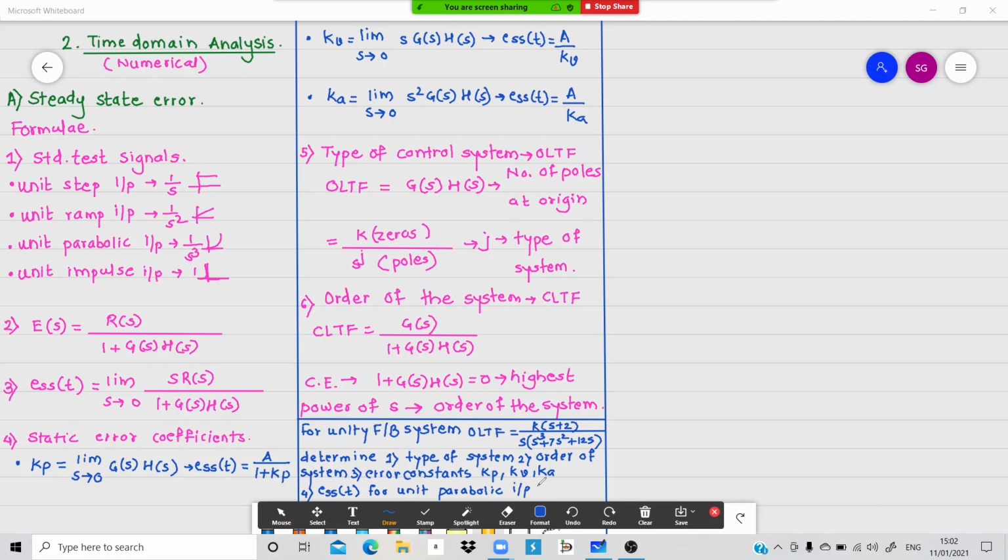Okay, so these many things we are supposed to do. So first thing is we'll go for the type of the system.